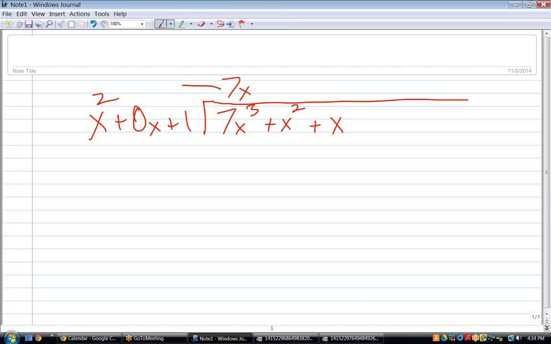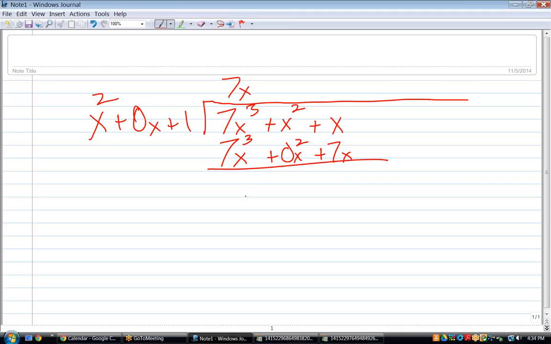In other words, you multiply that, you multiply that, and you multiply that. So this becomes 7x cubed. Well, this becomes 0x squared, because 7 times 0 is 0. Plus 7x.